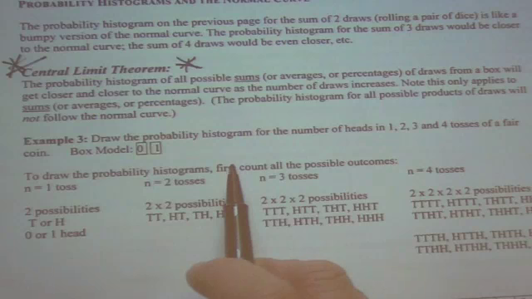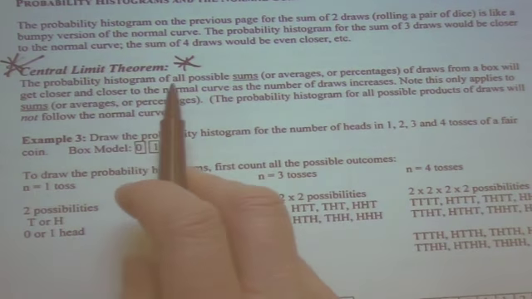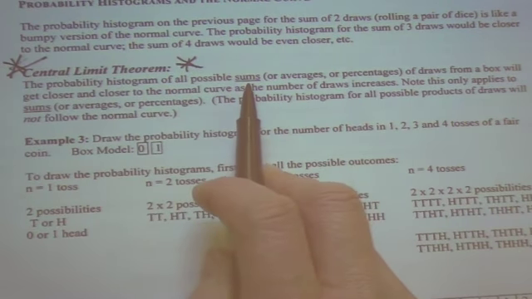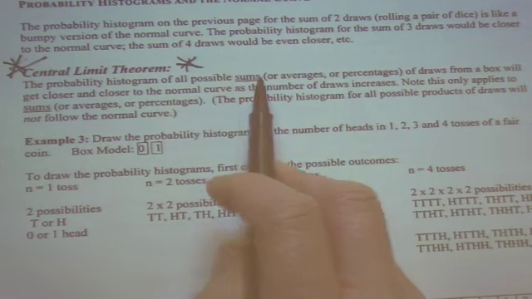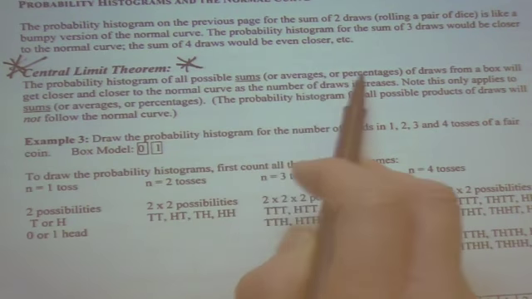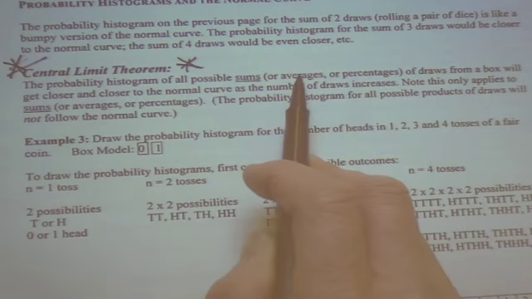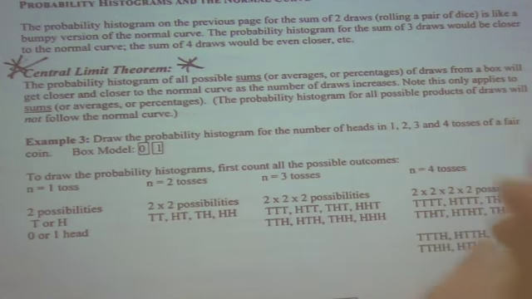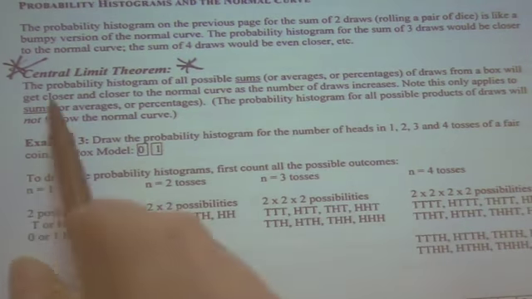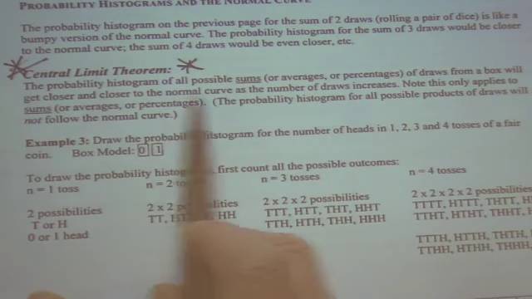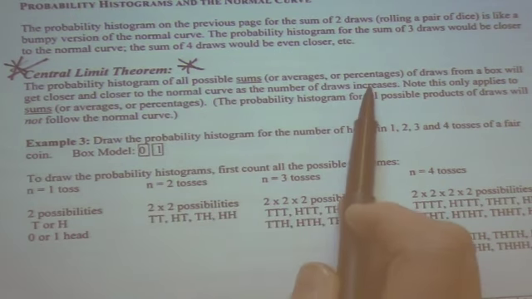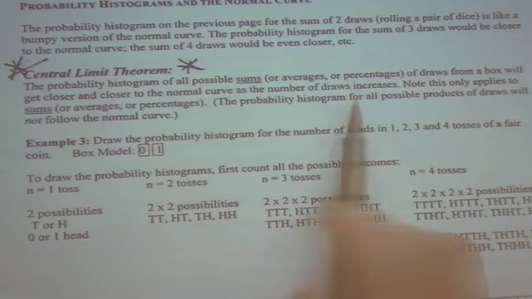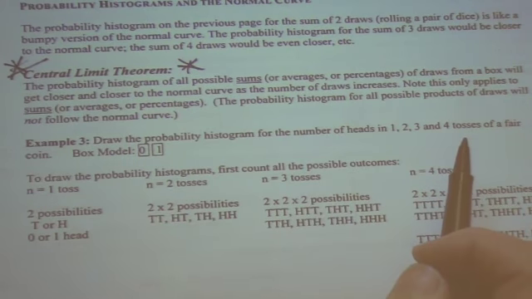Okay, and what it says is that the probability histogram of all possible sums and averages or percentages, if it was a 0-1 box, because they're derived from sums of draws from a box, will get closer and closer to the normal curve as the number of draws increases. All right, what do I mean by that?